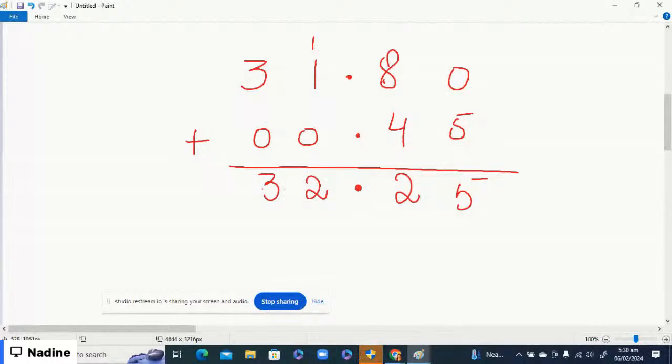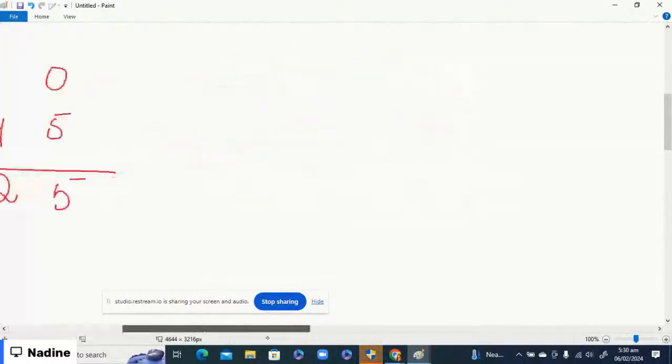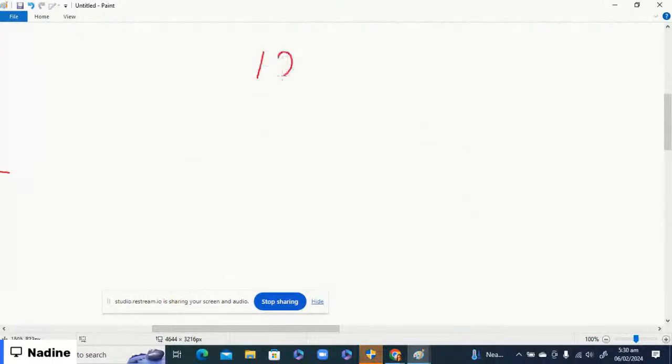Okay, let's do this one. If you have a question like 12.5, and they are saying add up with 6.23. Now look, the digits are different. Here after the point there are two digits. Here after the point there is only one digit. So how can we solve it this way?